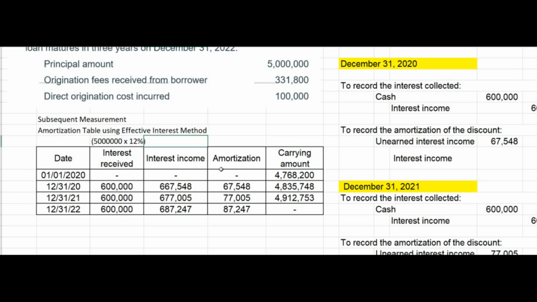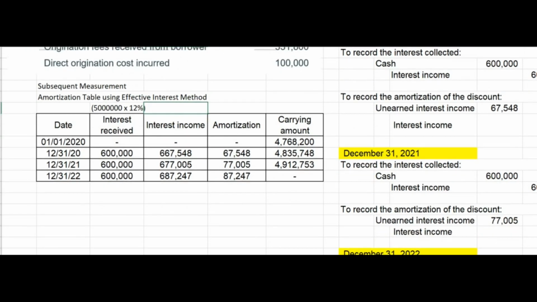But you can actually compute for that effective interest rate. Ang gagawin mo lang ay hanapin mo a rate na kapag diniscount mo yung cash flows related to this loan, ang makukuha mong amount ay equal or most likely malapit sa 4,768,200.